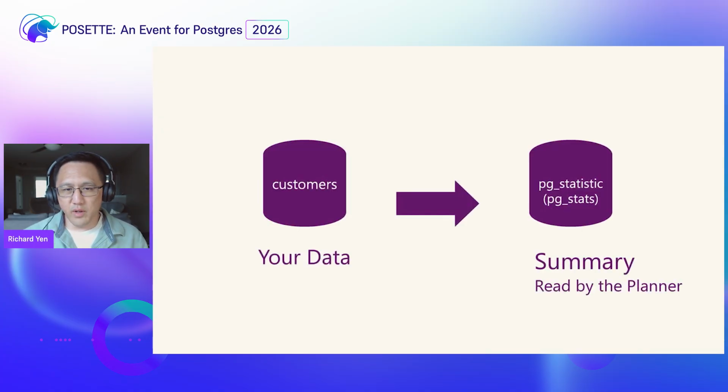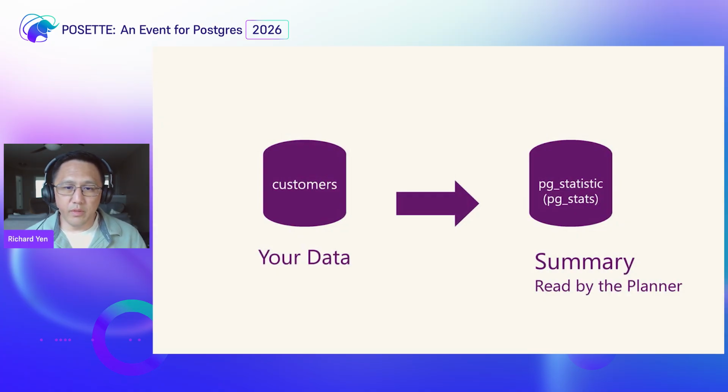So this is the kind of layout that we would expect, that your data lives in a customer's table, and when you select stuff, you're going to get data out of that customer's table. However, when the query planner does the query planning, it doesn't actually use the customer's table right off the bat. It actually gets statistics out of the PG statistic table, and that table is what gives the query planner an idea of what kind of plan it should use to actually execute your query.